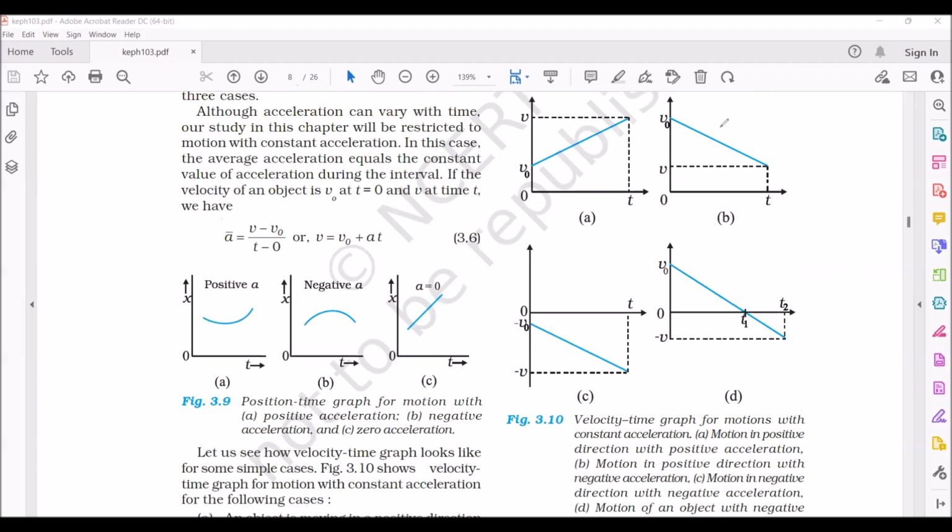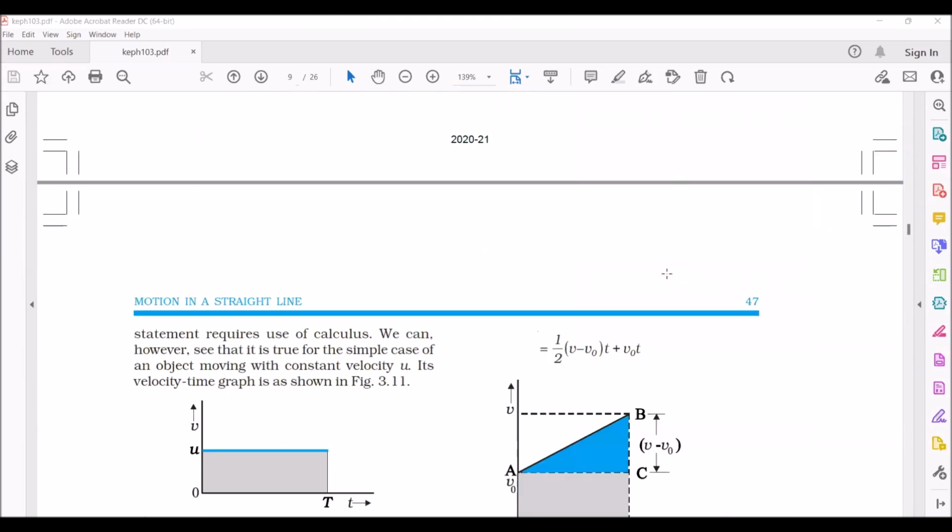In the third graph, the motion of the object is in the negative direction and the acceleration is also in the negative direction. In the fourth graph, until t1, the motion of the object is in the positive direction but the acceleration is negative. From t1, the motion is in the negative direction and the acceleration is also negative. This is what we have learned from these graphs.